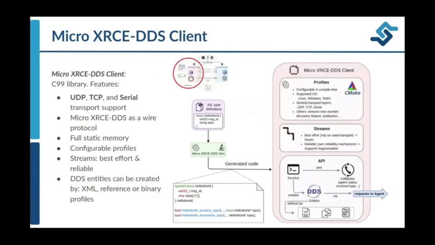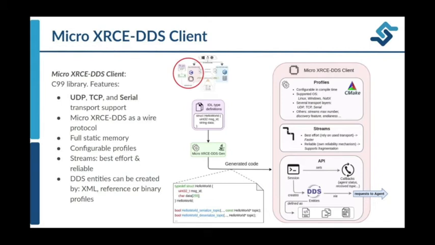Okay, so let's go on with the client library. So this is a light library that is programmed in C99, and it consumes really few resources since it is completely dynamic memory free and fully relies on static memory.